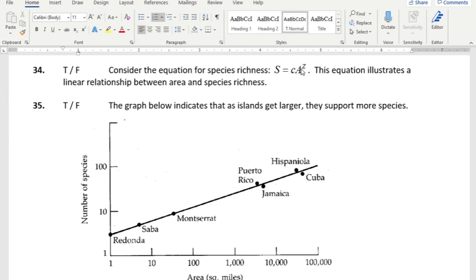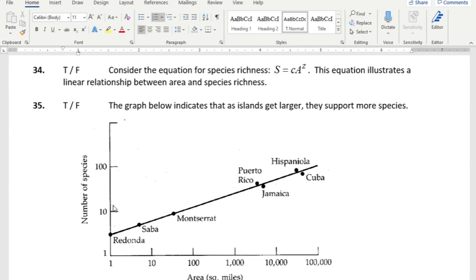Okay, so if you take the logarithm of this, it becomes the equation of a line. Okay, so that equation illustrates a linear relationship between area and species richness. S is species richness, A is area, and then C and Z are simply going to be the parameters of the line. So question 34 is true.